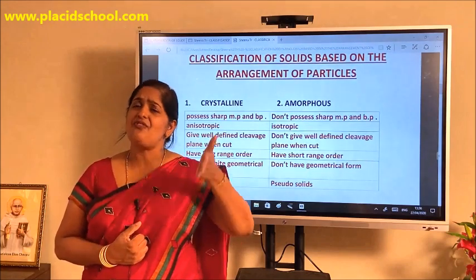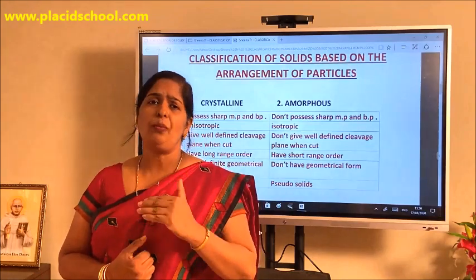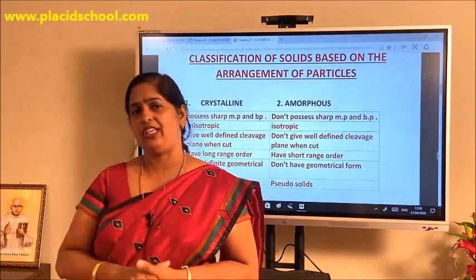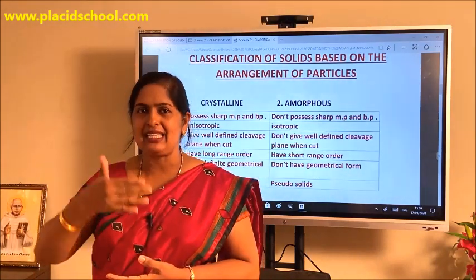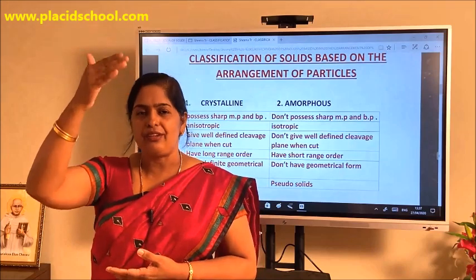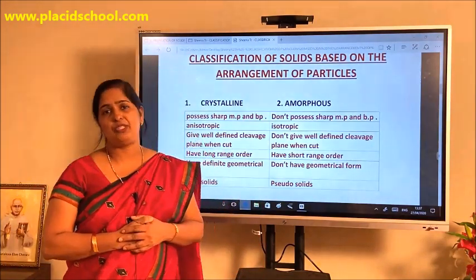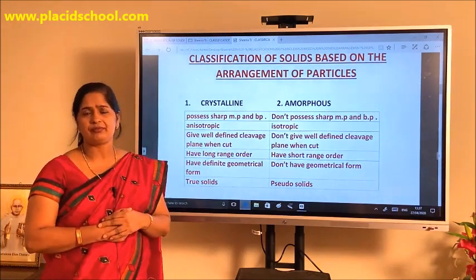You might have seen in very old buildings that the glass window panes are thicker at the bottom and thinner at the top. This is because the particles have, over time, flowed downwards. And these are the differences between crystalline and amorphous solids.